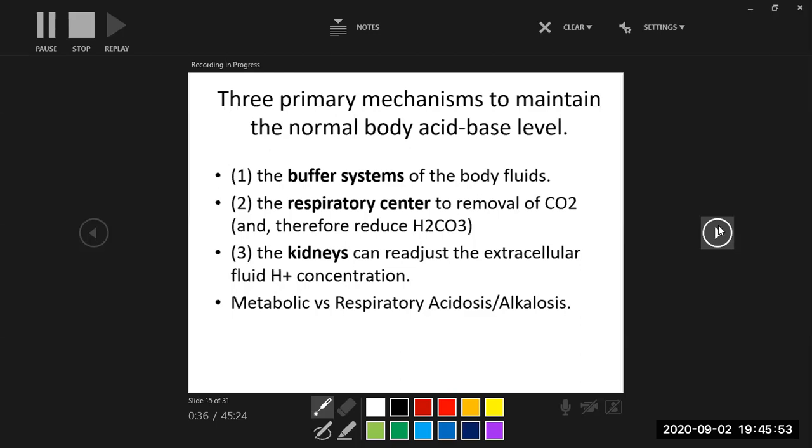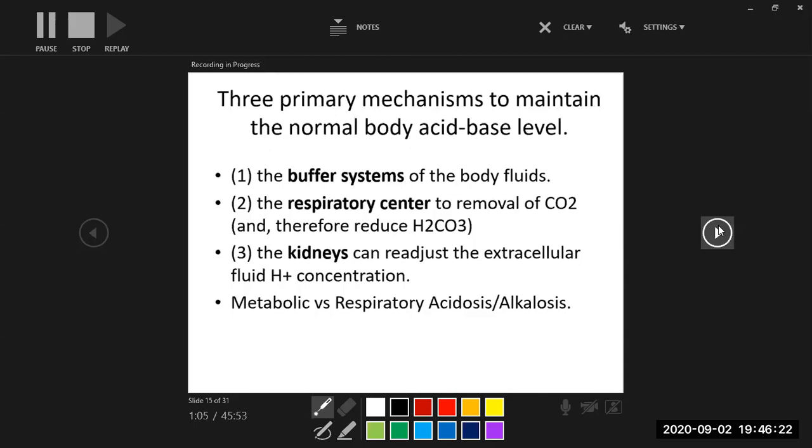We know that there are two important organs that also participate in maintaining the body pH level. One is the lung, the respiratory system, because the lung takes in O2 and breathes out CO2, and by breathing out CO2 it reduces the acidic level.